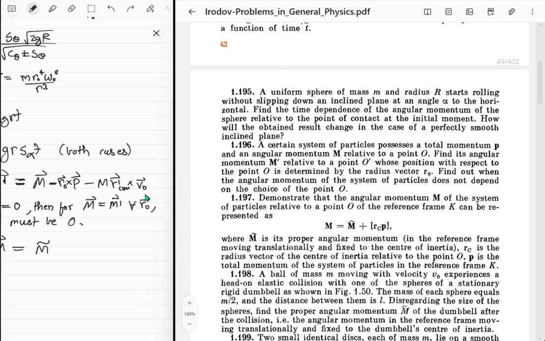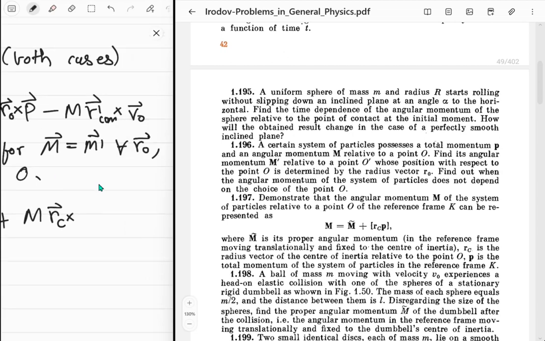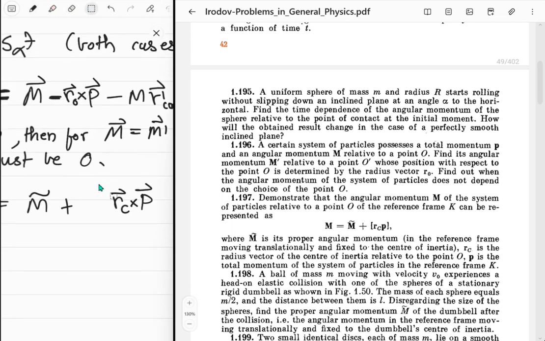So it's actually going to be negative vc, and that's why this negative becomes positive, and then you just get plus m rc vector cross vc vector. And what's m vc vector? That is p vector, as seen in the center of mass frame, of course. So there we go. This is the thing.